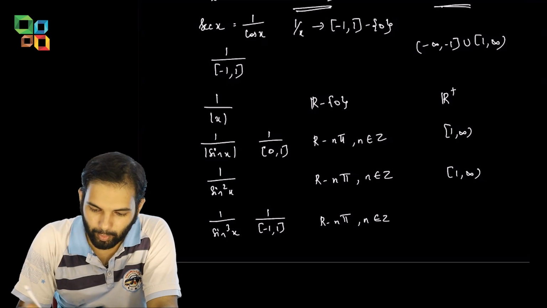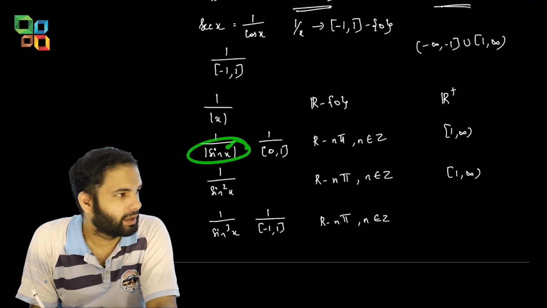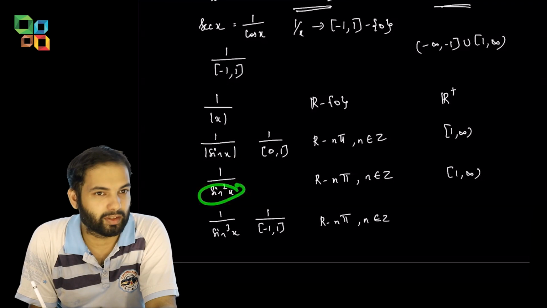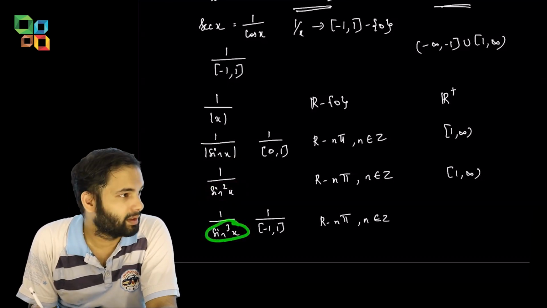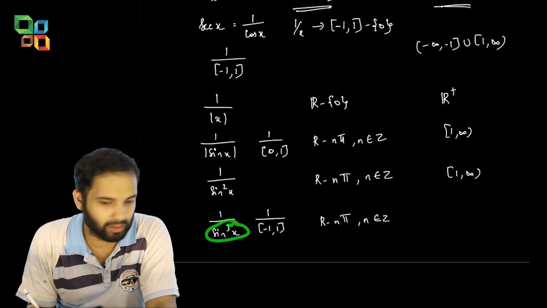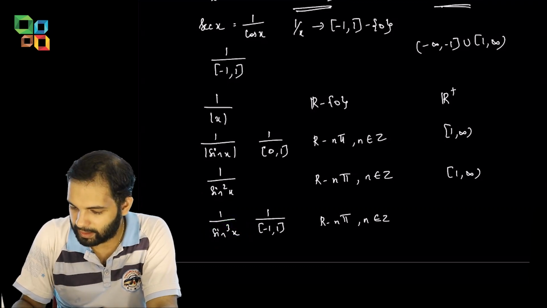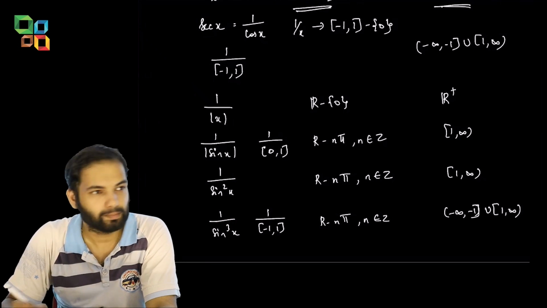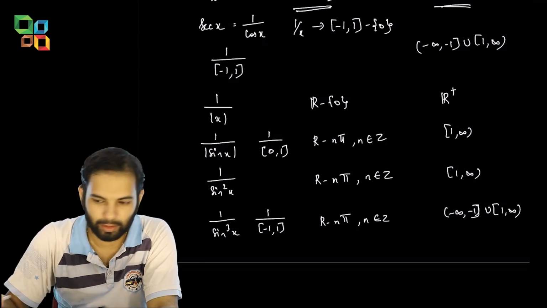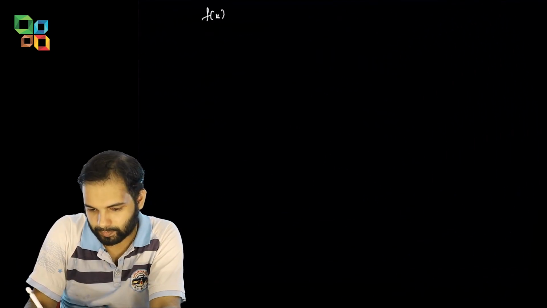Till now we saw mod of sine x, which is positive, and sine square x, which is positive. But sine x and sine cube x take negative values as well. So your answer is minus infinity to minus 1, union 1 to infinity. Fine. Okay. Let's continue.